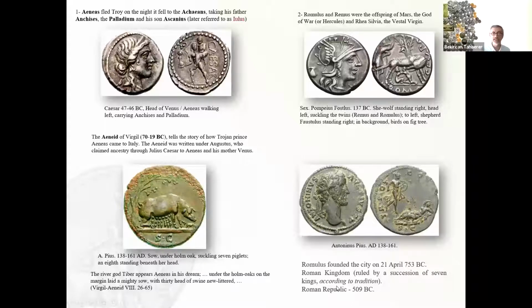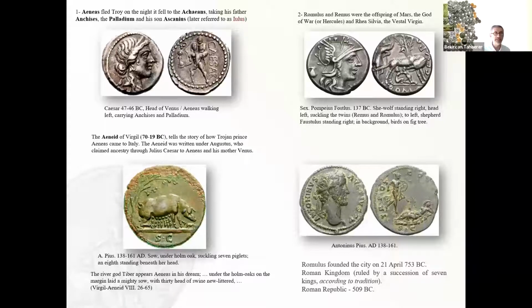Referring to that, they also talk about Mars seeing Rhea sleeping by the river on this coin of Antoninus Pius. And there's also the story of the sow under the holm oak, suckling 7 piglets and a white one among them.